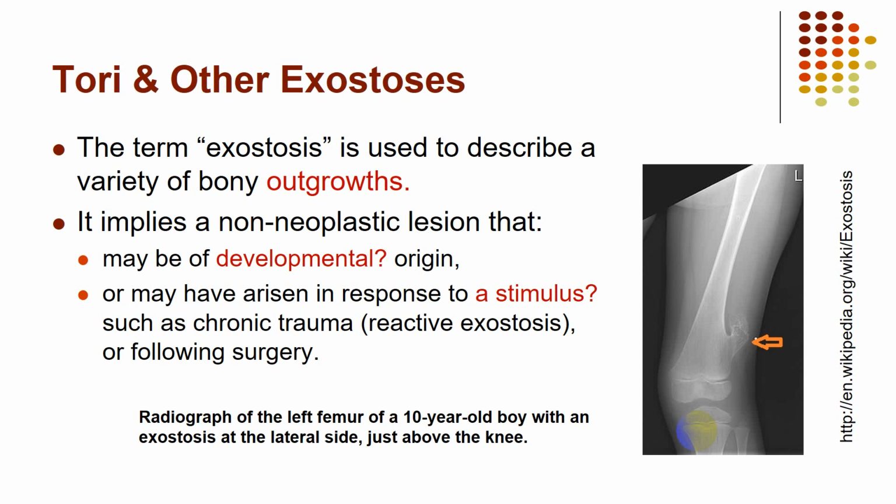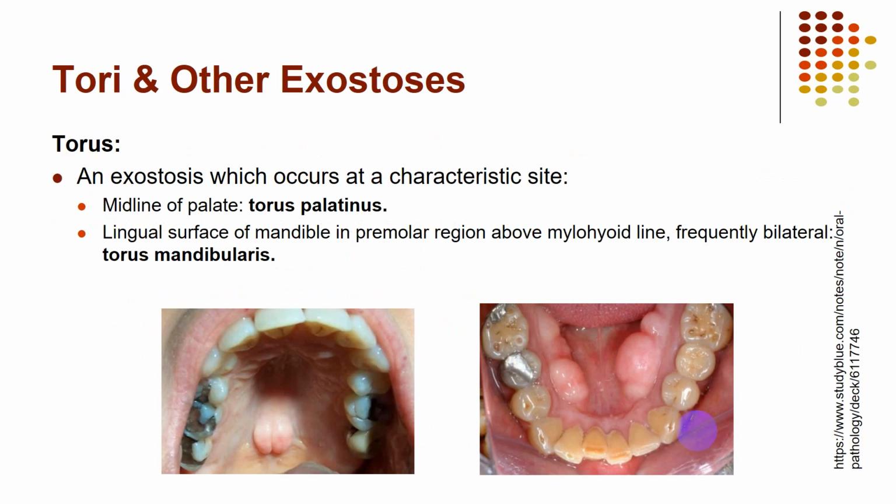If you remember, we talked about bruxism, and we said clenching of teeth might enhance the development of the maxillary torus and might increase its size. In specific locations, tori will take specific names, like this is the torus palatinus, torus mandibularis. We said that torus mandibularis might be superimposed in the radiographs over the roots of the teeth, so you need to pay attention.